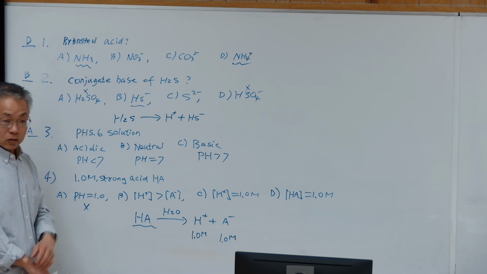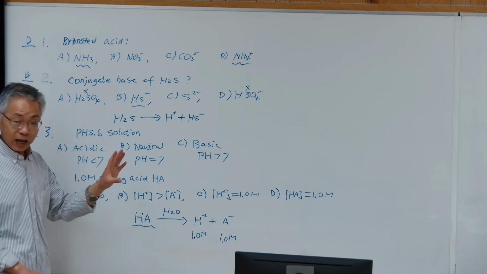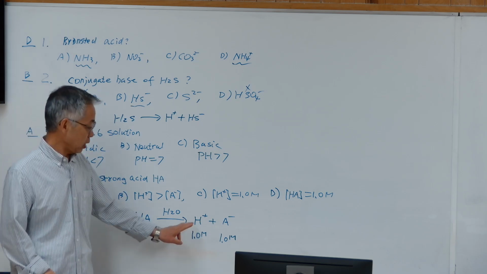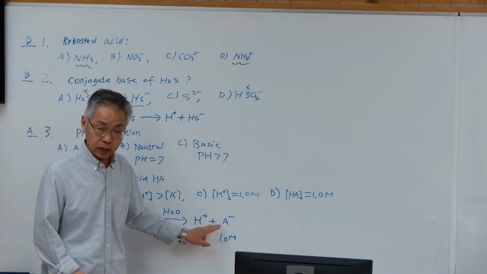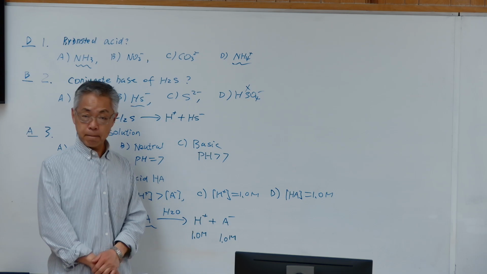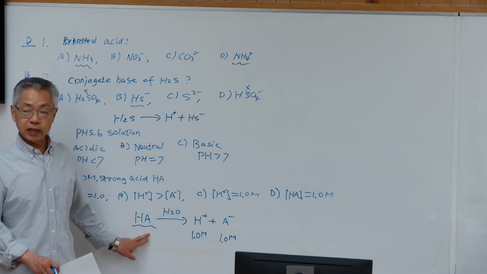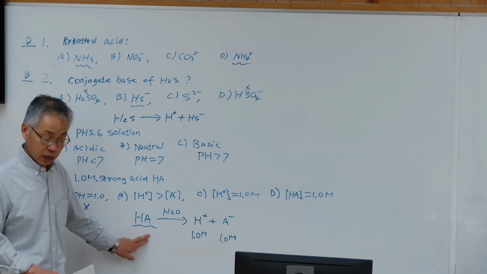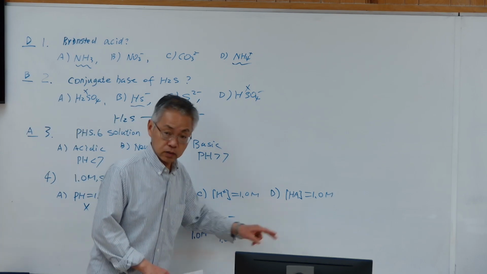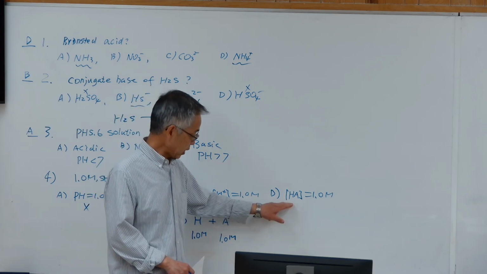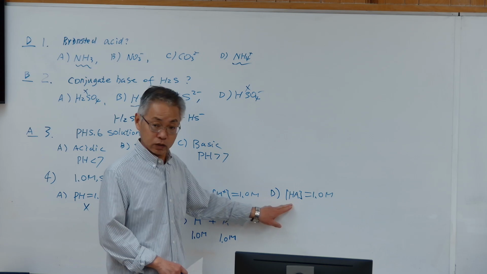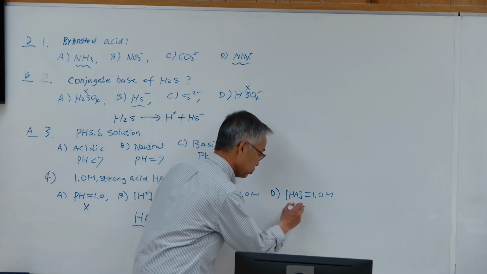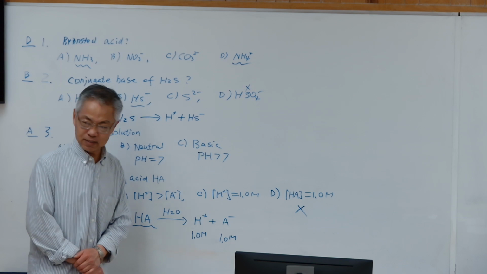Again, a strong acid means in a water system it completely breaks down into hydrogen ion and A minus. No molecular form left. That means this is not correct. This is the HA molecular formula, concentration still 1 molar. No. This becomes 0 for a strong acid.